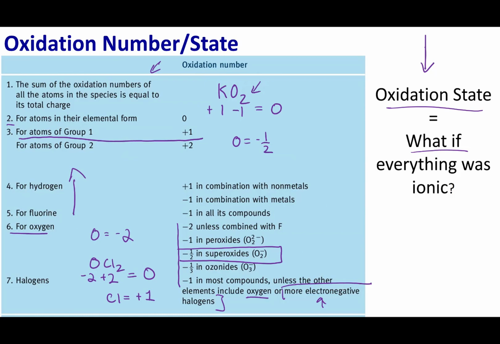If you look on the periodic table, what you will see is that fluorine, chlorine, bromine, and iodine make up the halogens. As you go up this row, the more electronegative you will be.